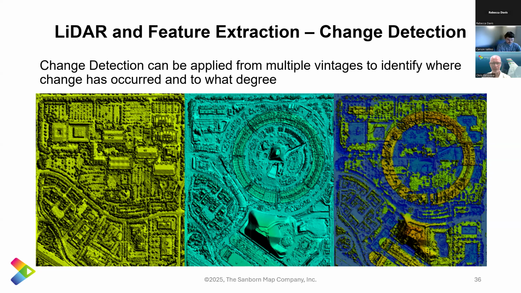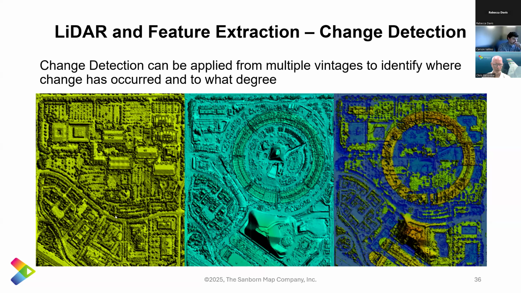So, change detection. And again, I think a lot of these overlap with imagery. There are different ways to do change detection. One of them is identifying features. Another is via the elevation of features. So we could take year one, year two, and if the elevation is at like 0 in year one, and now it's at 15 feet, obviously there's a change there.